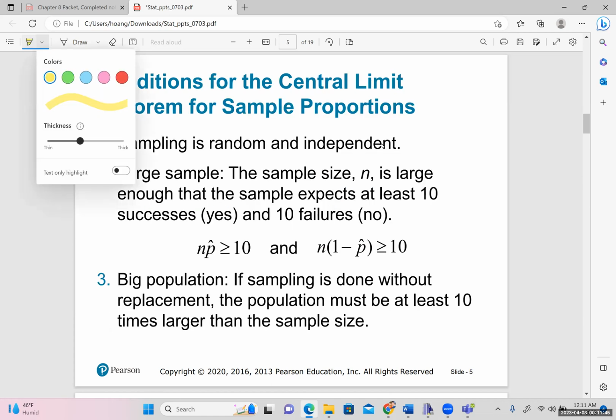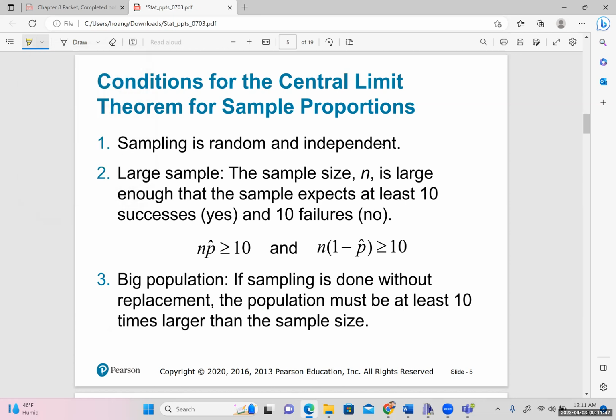For the conditions of the central limit theorem, we have three conditions. First, sampling is random and independent. Secondly, we need a large sample.